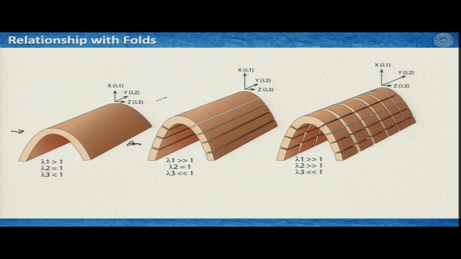And at a later stage, the layer gets extended along the fold axis like this. So, y takes over, that means lambda 1 is much greater than 1, and at the same time lambda 2 is also greater than 1. So, this is a kind of constrictional deformation.